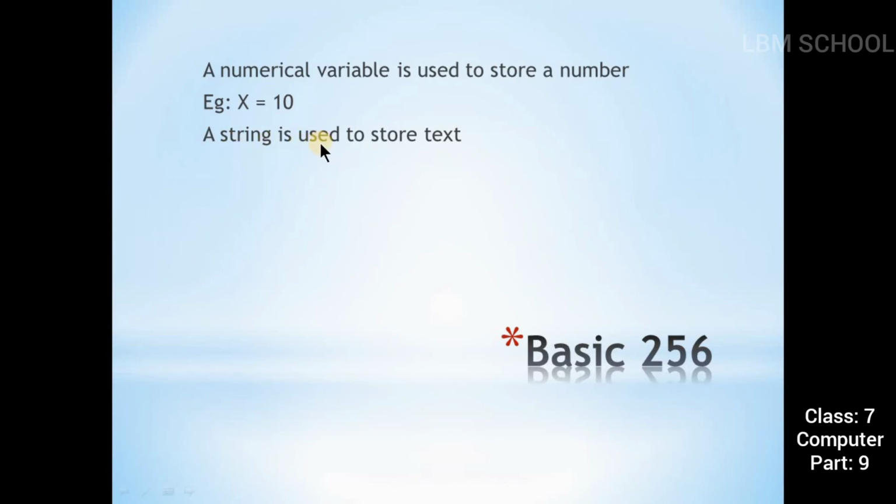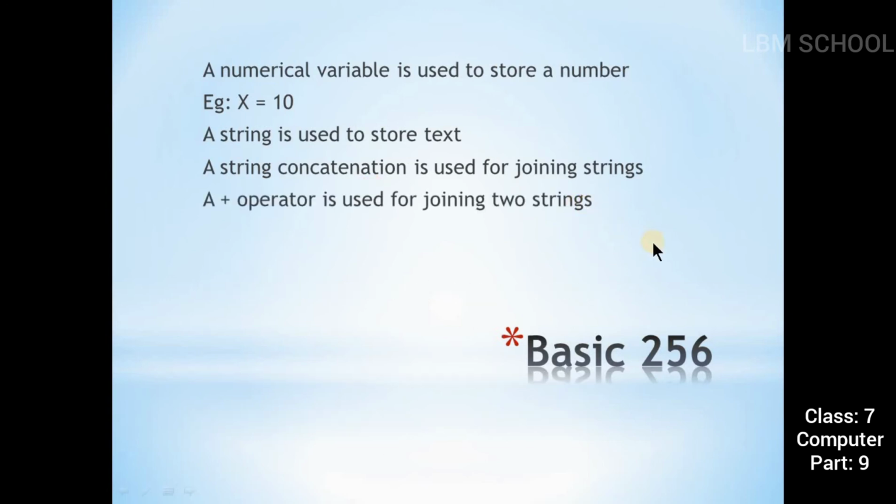Now, string concatenation. Concatenation means joining. Joining of two strings is done by using a plus operator. If I want to join two sentences, in the first string I write "hello LBM children" in quotes. Then I use a plus operator and write another string, "how are you all", in quotation marks.